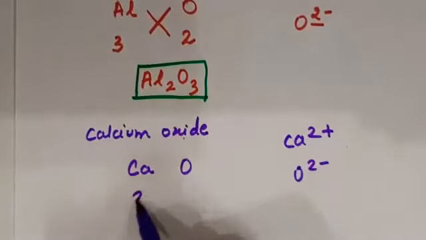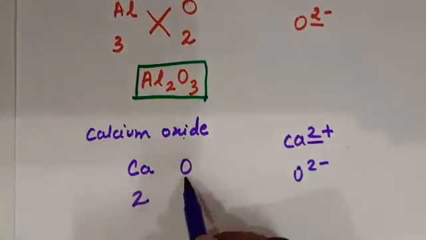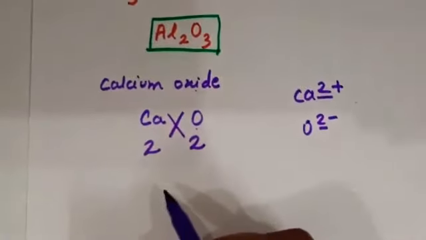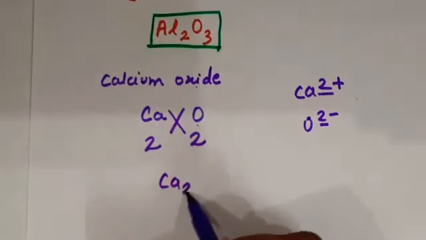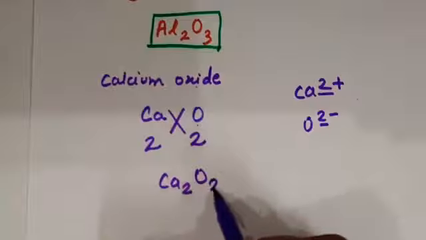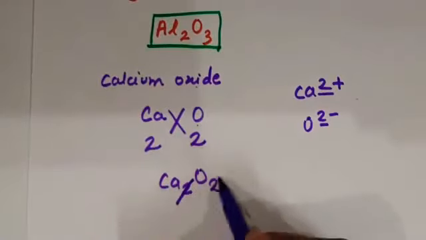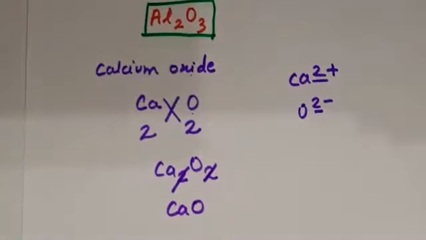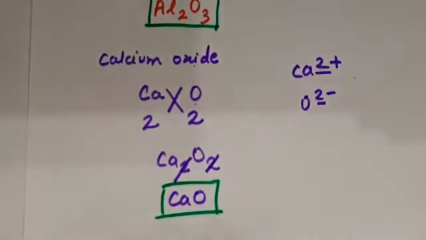Calcium valency is 2 and oxide valency is also 2. So just cross multiply. It will become Ca2O2. Now it will get cancelled. That will be CaO. So this is the chemical formula of calcium oxide. If you write Ca2O2, that is also correct. But just try to convert into simpler form, it will be CaO.